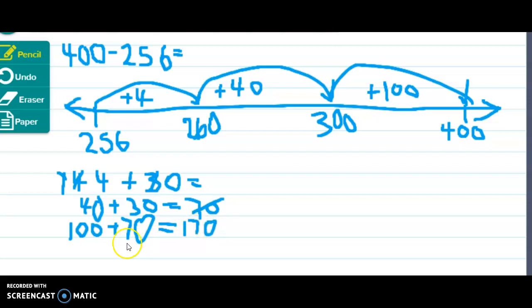Okay, and one last step, 170, let's cross this out, plus 4 equals, we can go ahead and cross out this 0 too because there's nothing to add here. 170 plus 4 equals 174.